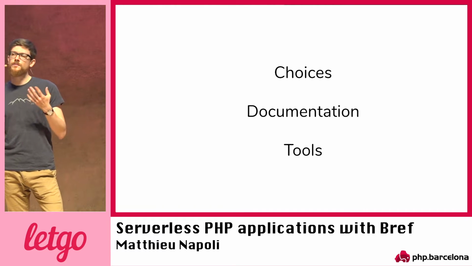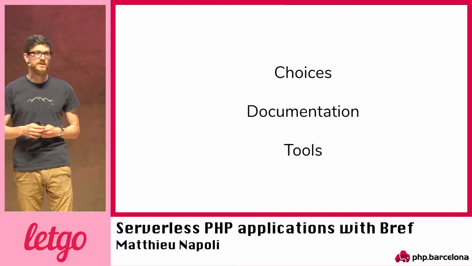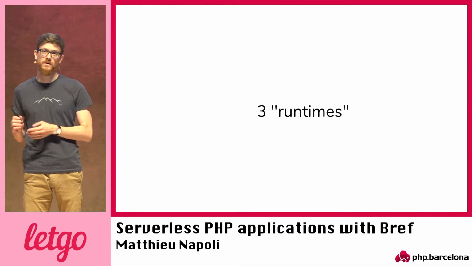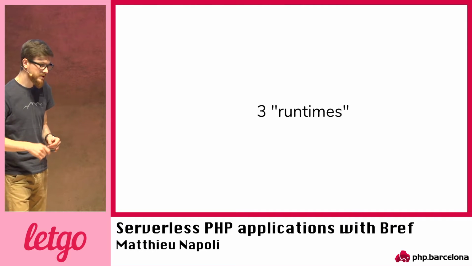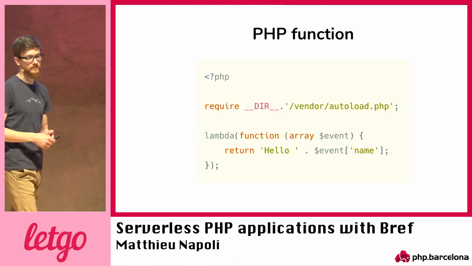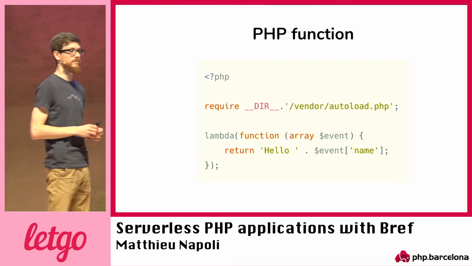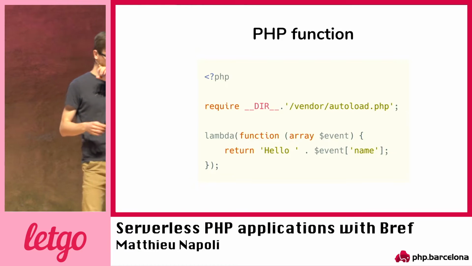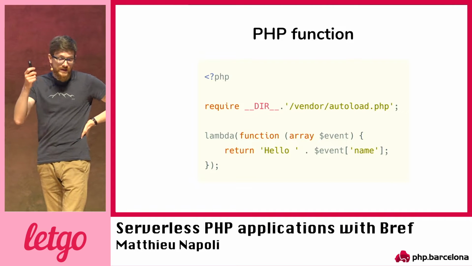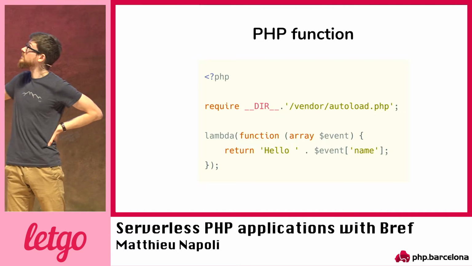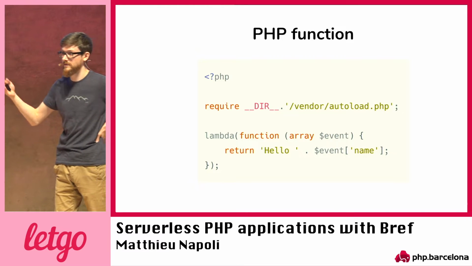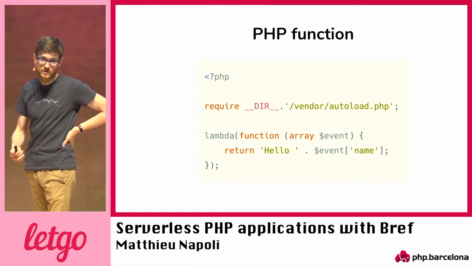So let's have a look at the PHP runtime, because there are actually 3 runtimes, 3 ways to run PHP on Lambda. The first one is the simplest, a PHP function. This is the function runtime. With that runtime, you can write the same thing as with other languages. You can write a function that takes an event and returns a response.